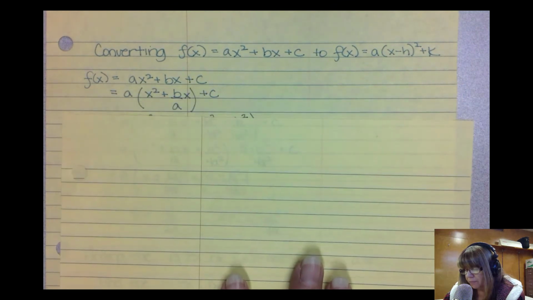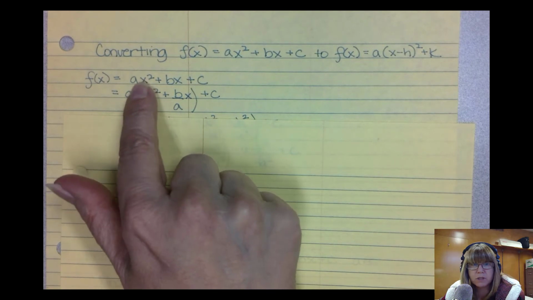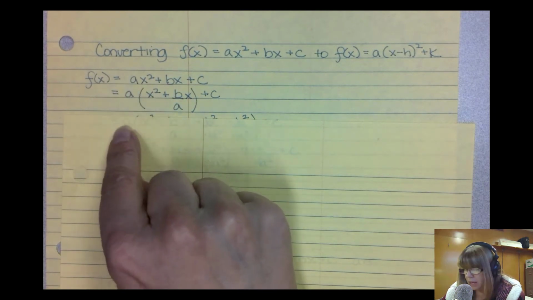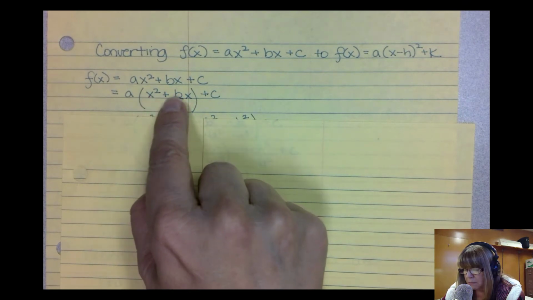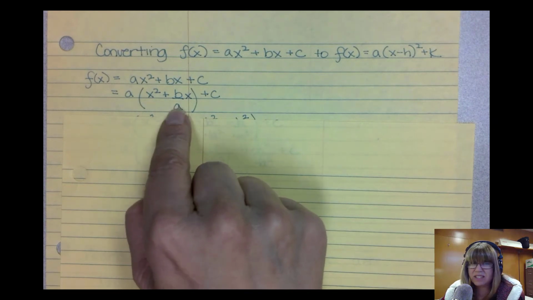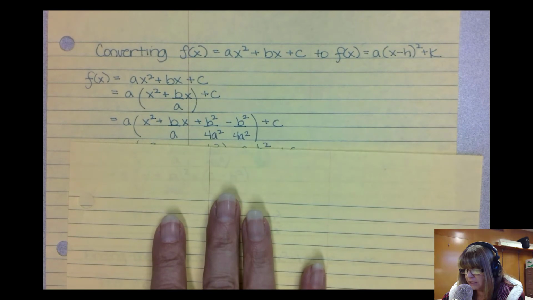So here we go. First things first, out of the first two terms, we're going to factor out the a. If we factor out the a, we're left with x squared plus bx over a, because remember, I've divided out this a. Next step, I've got to complete the square.